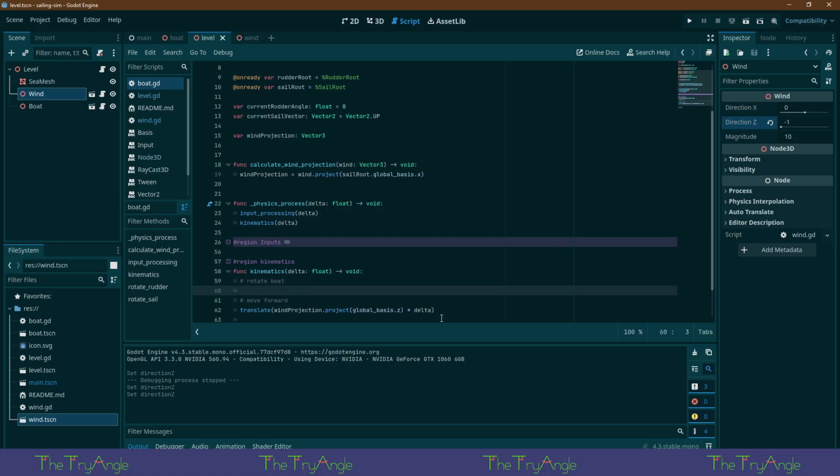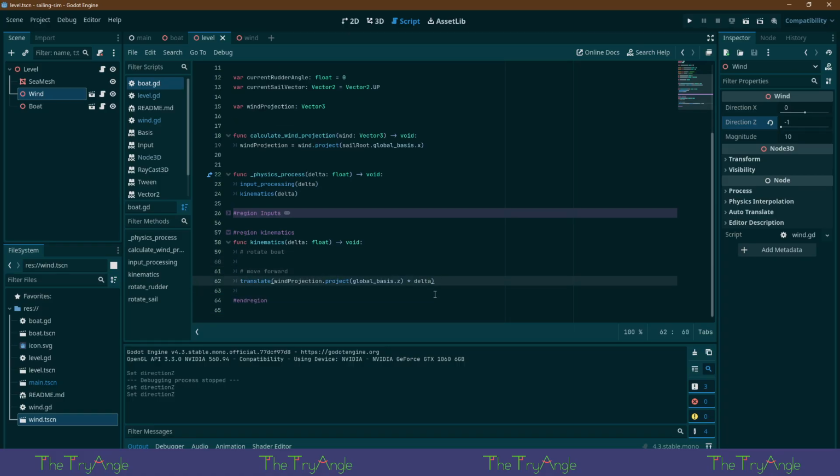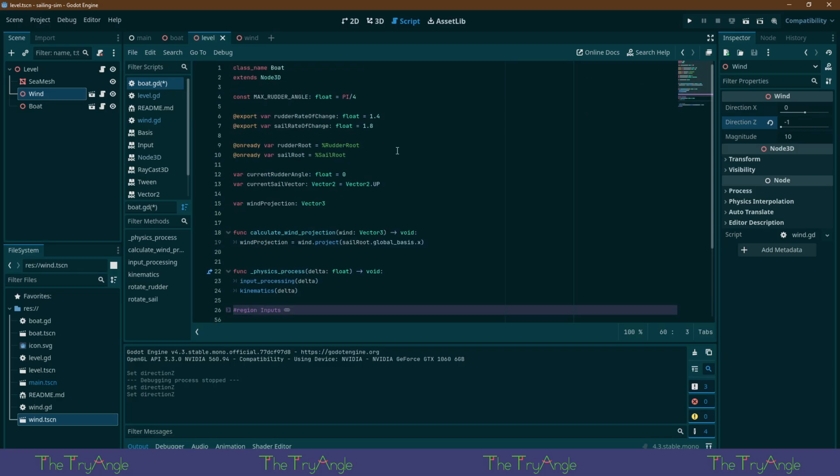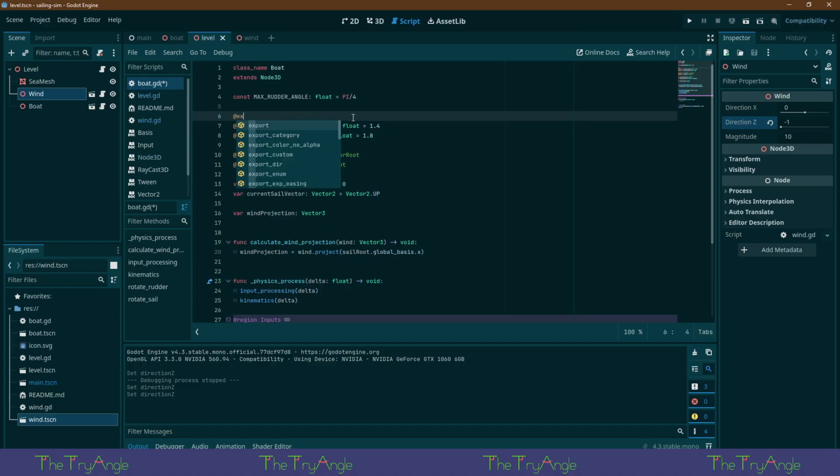Rotate boat. All right. We want to be able to turn. We really need to be able to turn. So, our rudder is at an angle. And we should rotate according to that angle, but it feels like it needs to be... Let's say user controls.